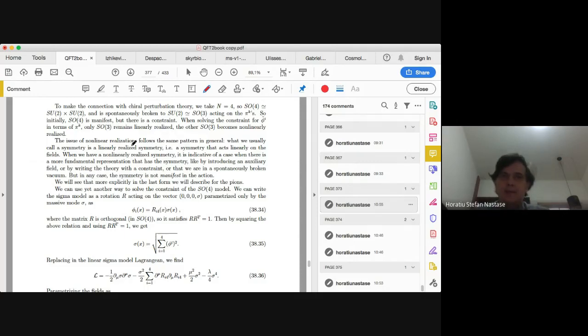But when we have a nonlinearly realized symmetry, what this indicates is that there's a more fundamental representation that has this symmetry linearly realized. But to obtain it, we must introduce an auxiliary field, or you must write a theory with a constraint. That's another way of saying it.